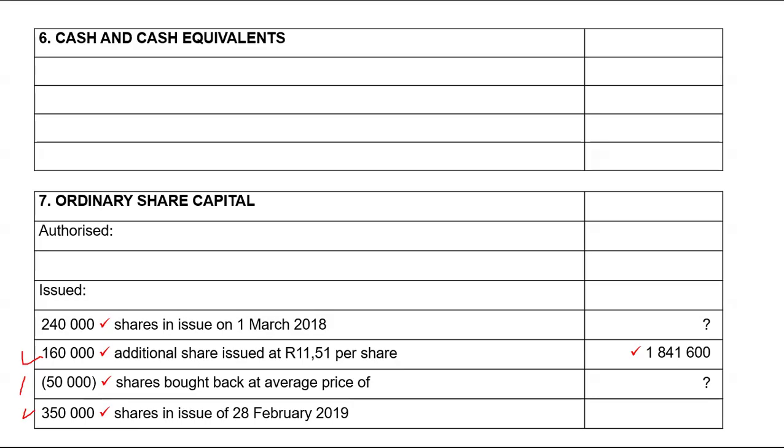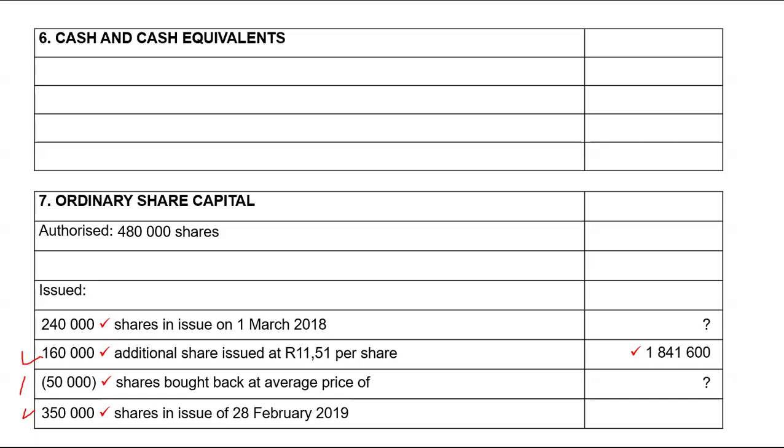Another mark for that. For me to calculate authorized, because they said 50% of authorized shares were in issue at the beginning of the year, you just take the 240, you multiply it by 2. It'll give you that 480.